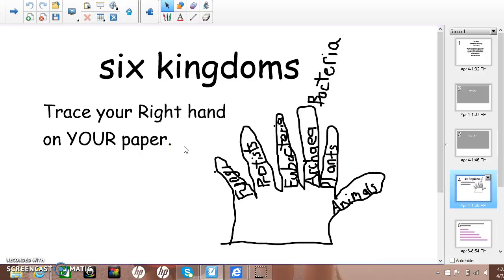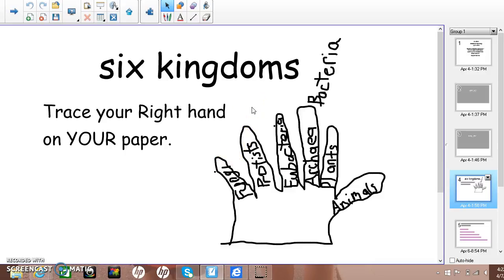So the six kingdoms we're mainly going to talk about today are animals, plants, archaebacteria, eubacteria, protists, and fungi.